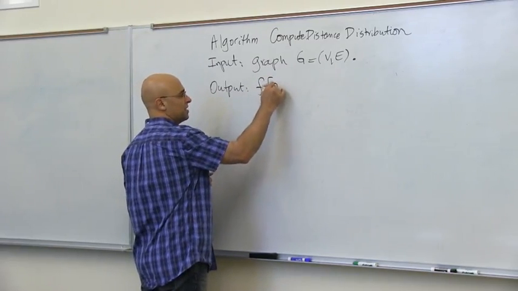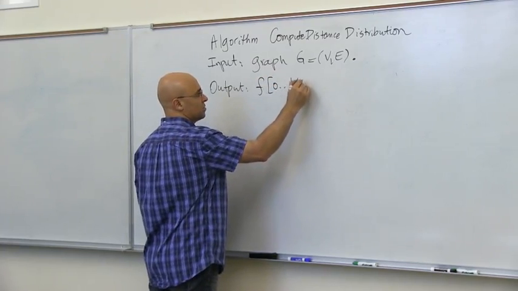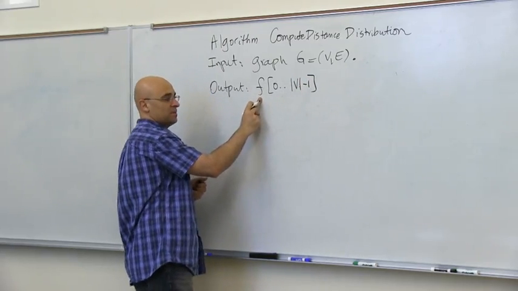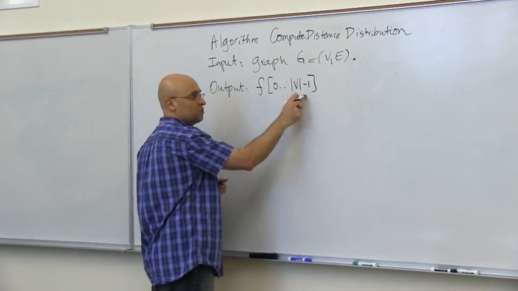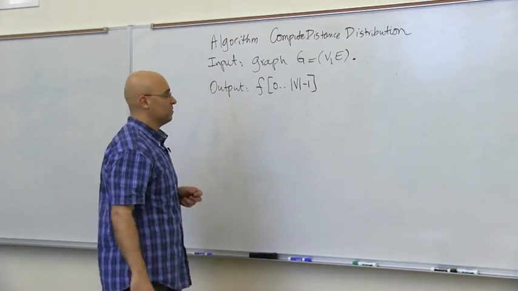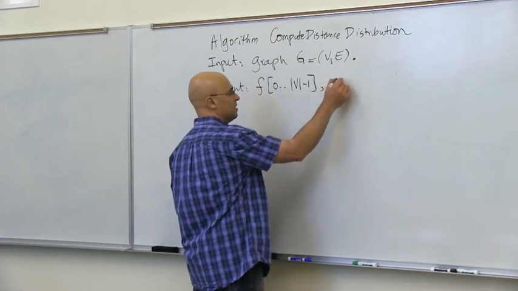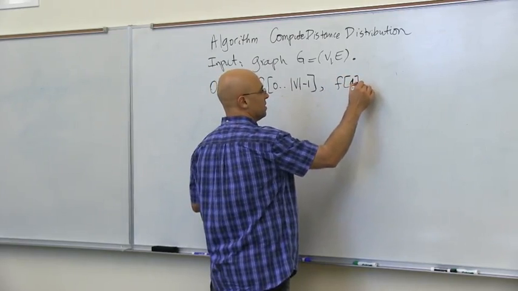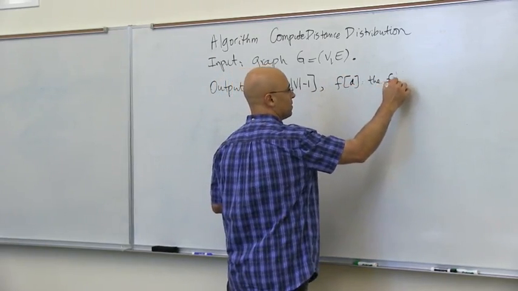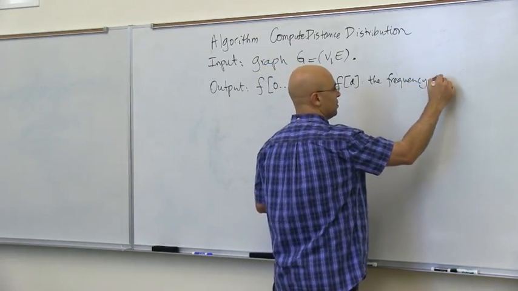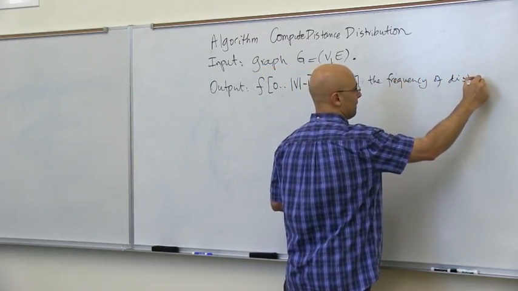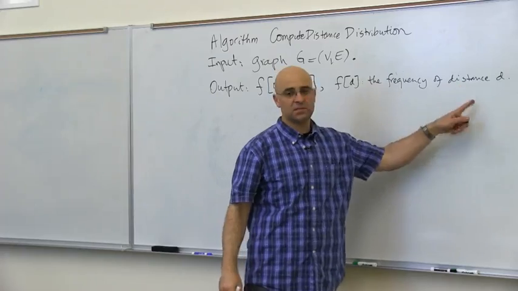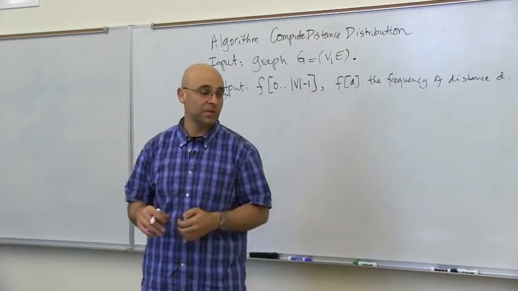It's going to be indexed from 0 to size of V minus 1. This notation says f is an array indexed from 0 to the size of V minus 1, where f of d is the frequency of distance d, the frequency with which distance d appears over all possible pairs of nodes.